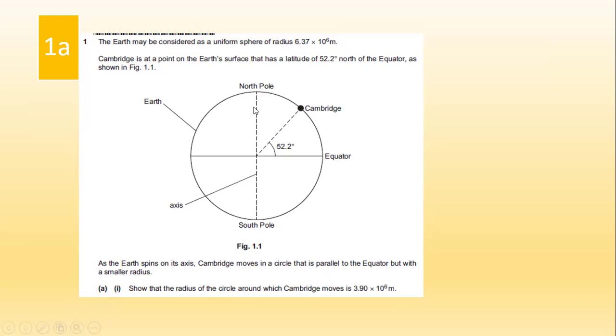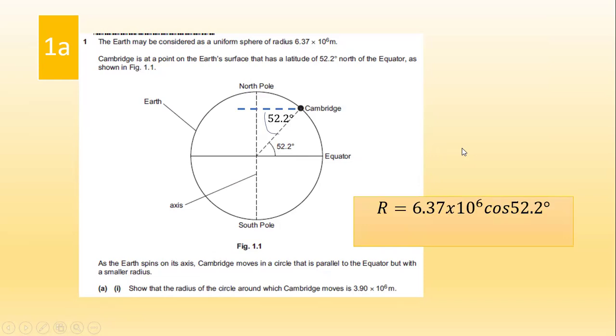Right? So basically find this length, which is the radius of the circle. Right? This auxiliary angle. Okay, that is the radius R.